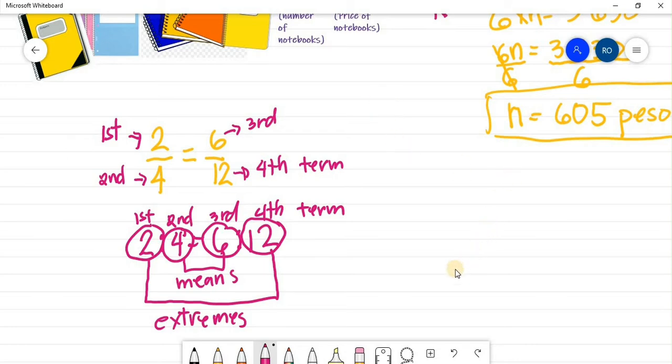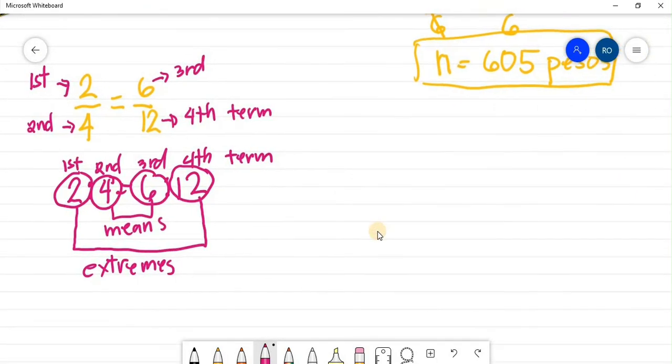Now, how will we know if two ratios are equal? Or should I say, how will we know if two ratios form a proportion? We can identify if two ratios are equal by using the cross product. Let's say, for example, 2 over 4 is equal to 6 over 12.